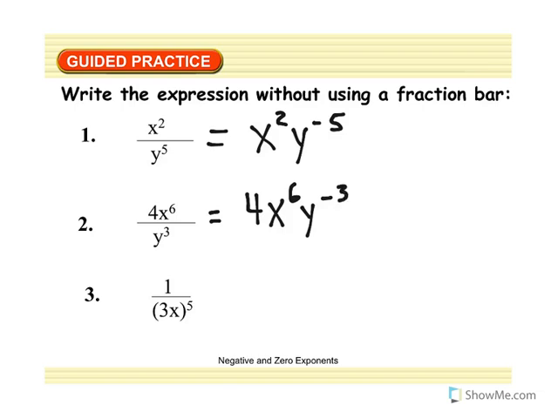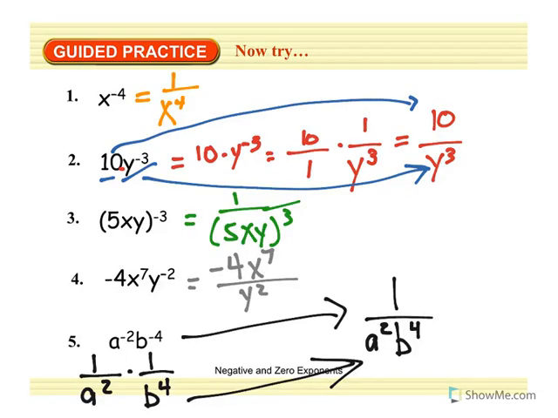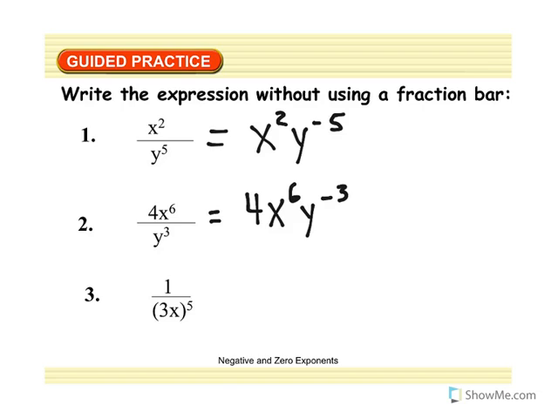It had to be a negative power, so y to the negative 3rd. And this is kind of like that strange situation that we saw back here with number 3 from our now try. How did this whole thing get to the denominator with the 5th power? Well, we had to have that same whole thing to the negative 5th power. So 3x to the negative 5th power is 1 divided by 3x in parentheses to the 5th power.